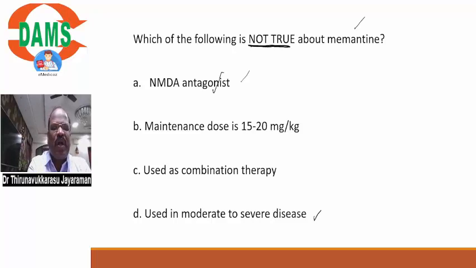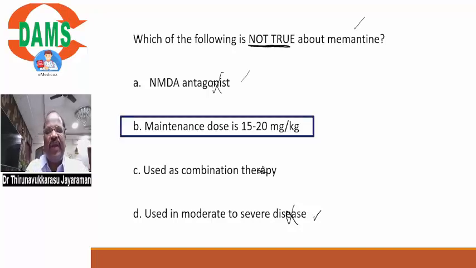So this option is ruled out, because the true statement is an NMDA blocker useful for moderate to severe, not for mild cases. Now let us go through the other options. The answer can be either B or C. Used as a combination, yes, can be given with donepezil, galantamine along with the anticholinesterase. That combination is ruled out. And maintenance dose is 15-20? No, that's the answer. Usually the dose is 5 mg, 5 mg, not 20 mg. That's the answer.